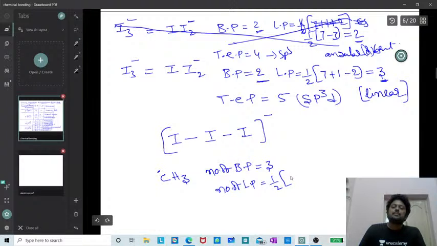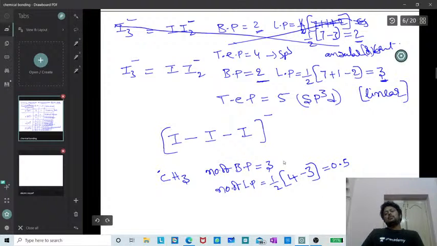Central atom carbon, so valence electrons 4. How many bonds around the central atom? Hydrogen can form 1 bond, 3 hydrogens, 3 bonds. 4 minus 3, that is equal to 0.5. So now its hybridization. Number of lone pairs 0.5 or 0. So 0. Why am I saying it? We will approximate it as 0.